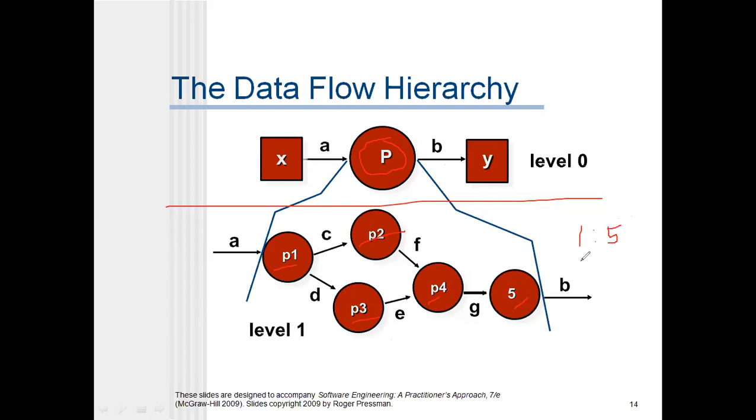Isn't it? So that's why the ratio of level 1 is 1 to 5. The main process will be divided into 5 subtasks or subprocesses. You may tell it like this. Clear?